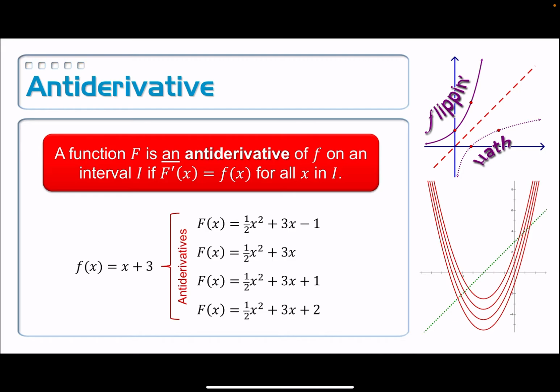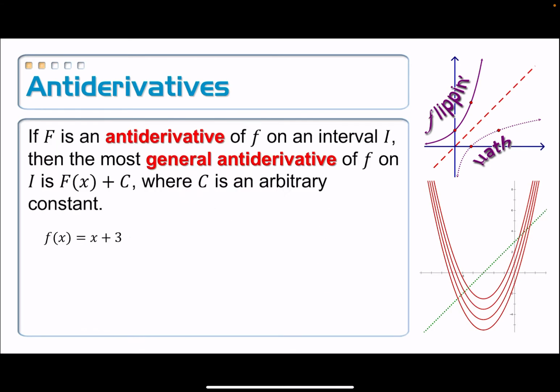If I wanted to generalize every single one of these, instead of writing down all of these with different constants, we're just going to summarize them all with this constant of integration called plus c. So if F is an antiderivative of f on an interval I, then the most general antiderivative of f on that interval I is capital F of x plus c, where c is an arbitrary constant, and we call that constant the constant of integration.